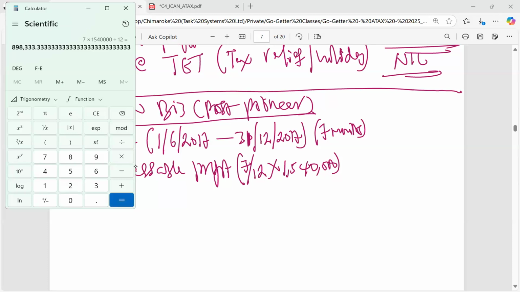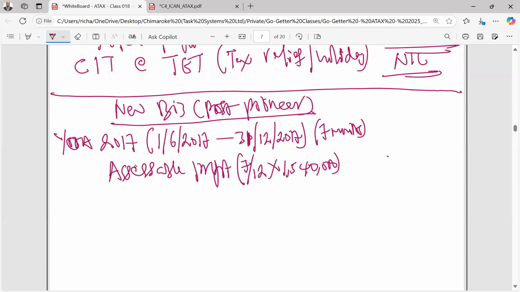Still the same figure, 898,333. So that's the accessible profit for that year.